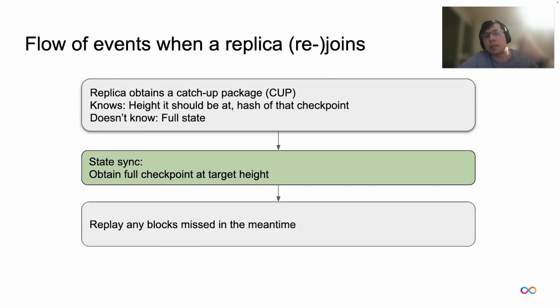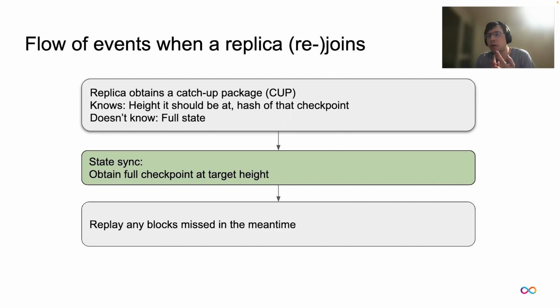But it also contains some metadata about the most recent checkpoint. In particular, it contains its height, being just the number of blocks processed, and a hash of that checkpoint. What it doesn't actually contain is the full state.